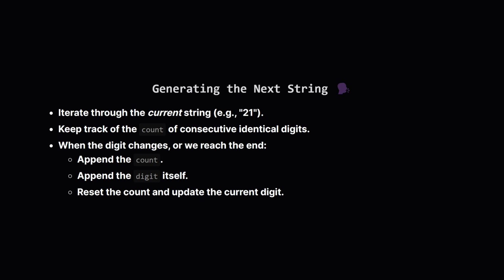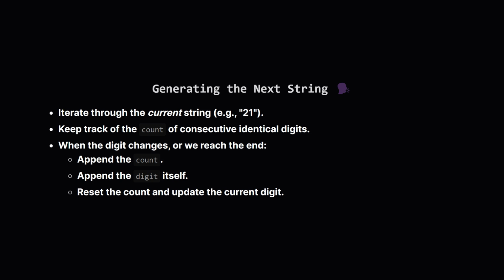Okay, let's focus on that core count and say step. How do we take one string, like 21, and generate the next one? We need to walk through the input string, say from left to right. We'll keep a count. Let's say we start at the first character, 2. The count is 1. Then we look ahead. Is the next character also a 2? Nope, it's a 1. So, the group of 2s ends.